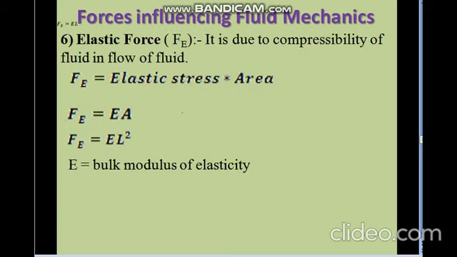Now we will move to the last force, that is elastic force. It is because of compressibility of the fluid in the flow. So it is elastic stress into the area. Elastic force will be E into A, where E is the bulk modulus of elasticity.